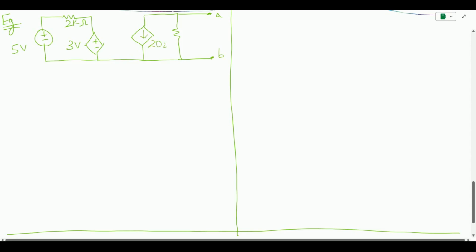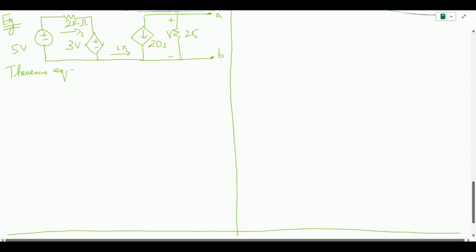So this is a 20I and this is 25 ohm. The current I is flowing in this direction, and we need to solve this in order to figure out the Thevenin equivalent.